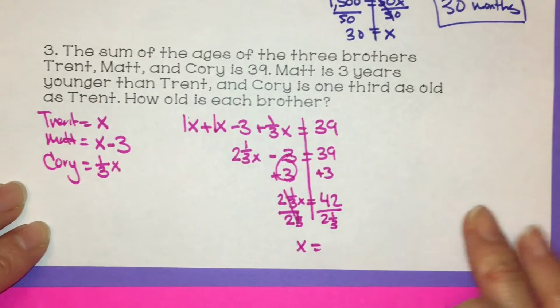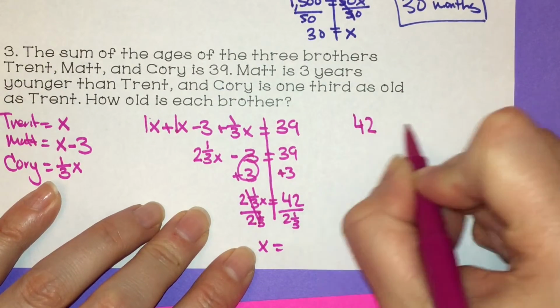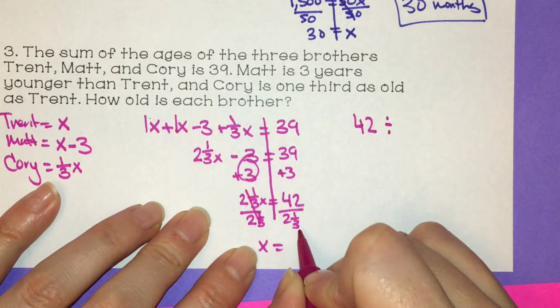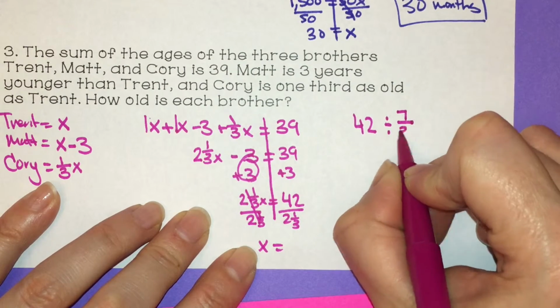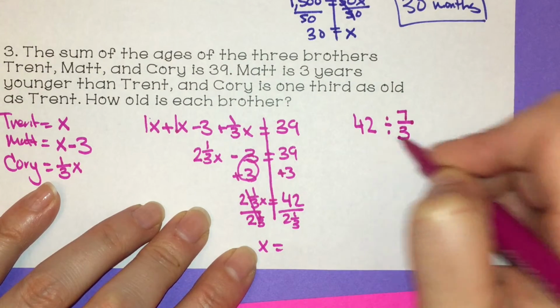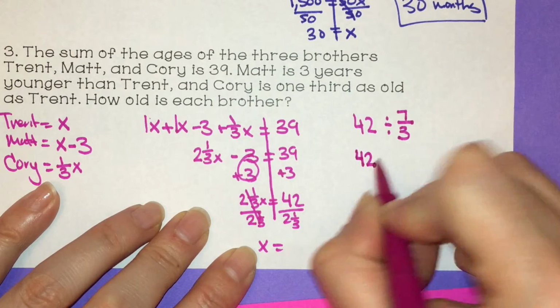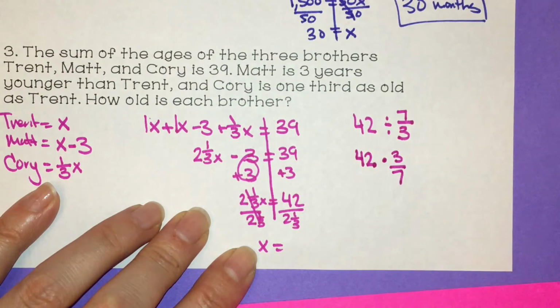We get x equals, all right, here you have to do a little bit of math. 42 divided by, I'm going to make 2 1/3 improper. 2 times 3 is 6, plus 1 is 7. So we have 7/3. Remember, when you're dividing with fractions, you keep your first number the same, change division to multiplication, and flip your second fraction over.